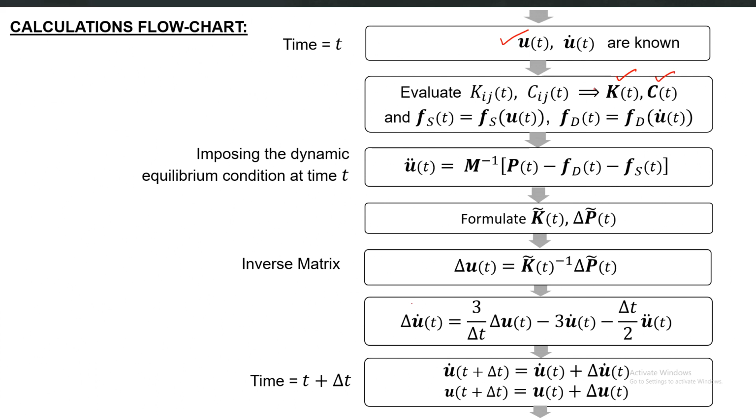So if we calculate k of t, we can also calculate fs and then fd. So the first step, just like the single degree of freedom systems, is to calculate the instantaneous values of stiffness and damping. The next step would be to impose the dynamic equilibrium condition at time t to calculate this u dot dot of t.